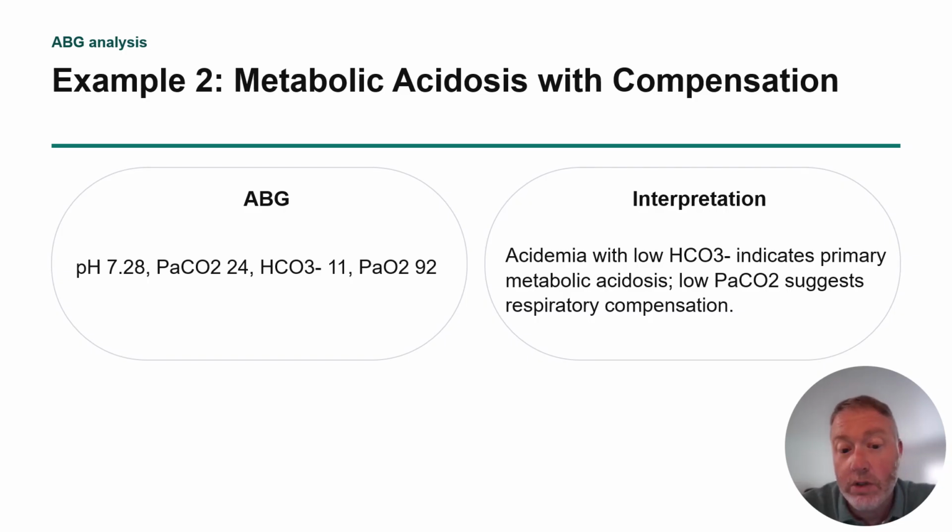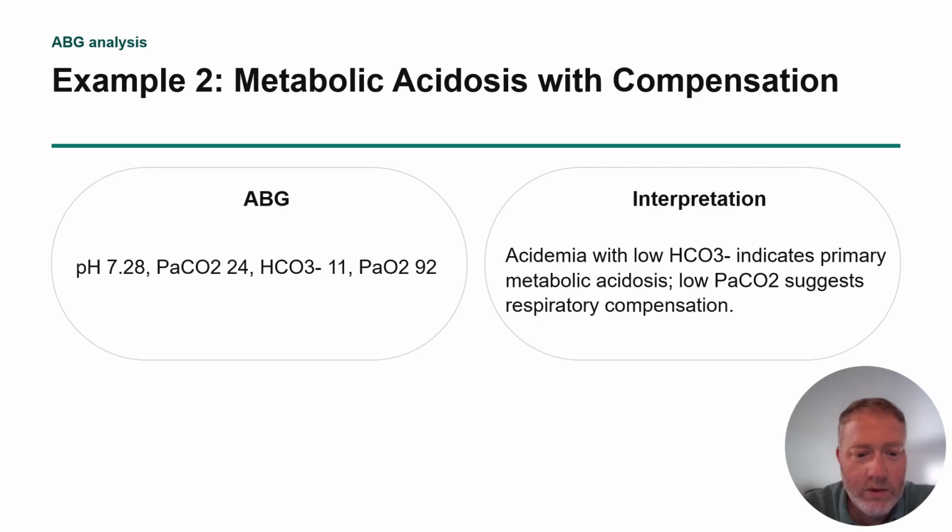If the bicarb is low, like the pH, because bicarb and pH are directly proportional, then that suggests a primary metabolic component. So we've got a metabolic acidosis. And then is it compensated, partially compensated, or uncompensated?